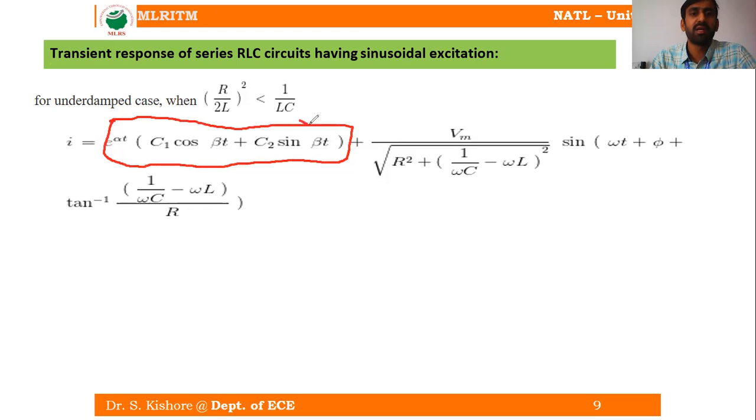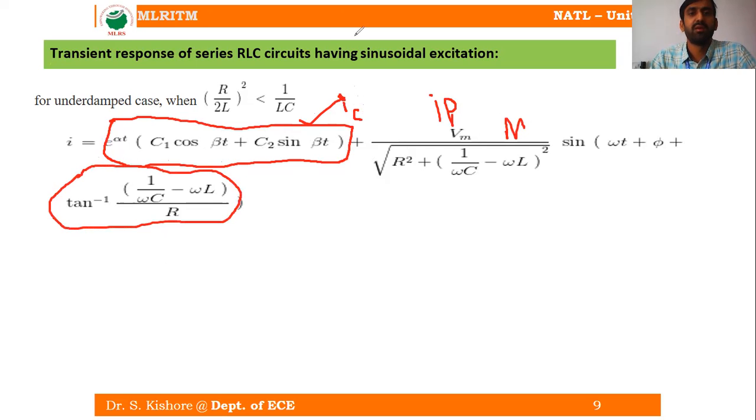This equation we already derived in the previous lecture. So this is the complementary IC, and this is your particular function, which we just derived. This is nothing but Vm by the impedance value and sine of omega t plus phi plus the theta value.